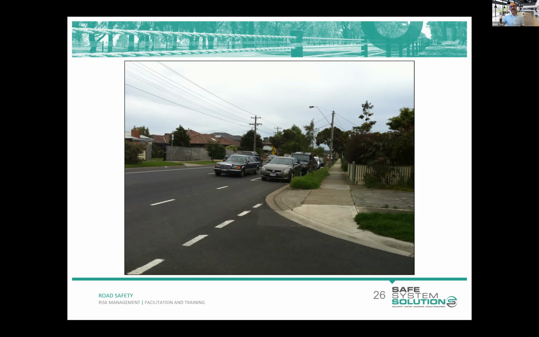Back to you, Jamie. So obviously here we've got a situation where sight lines have been compromised. We want to improve those now. We can do that in a number of ways. One option would be to ban parking near to the intersection. Now that's often easier said than done.